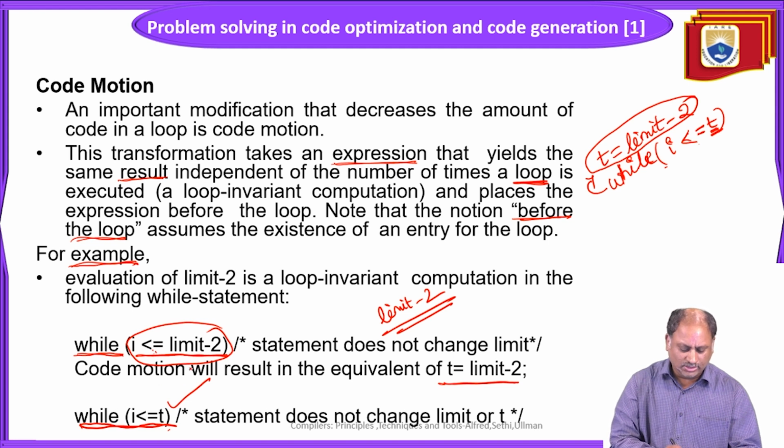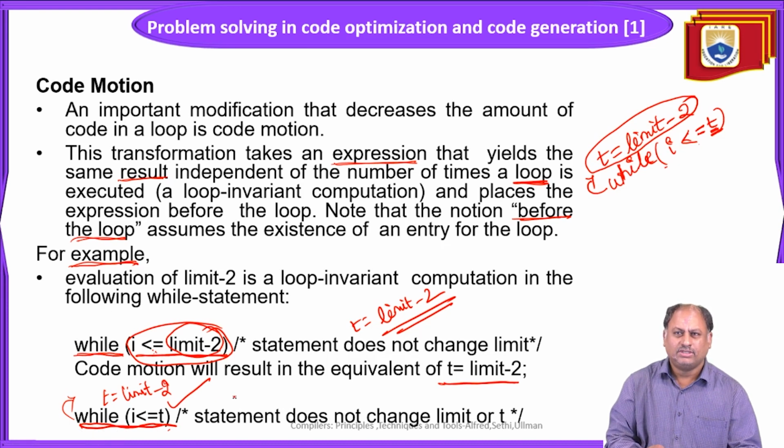So this part can be assigned to a temporary variable t and kept before the while. That means t equal to limit minus 2, and we write the while as while I less than or equal to t. In this way the statement does not change with the limit or t.